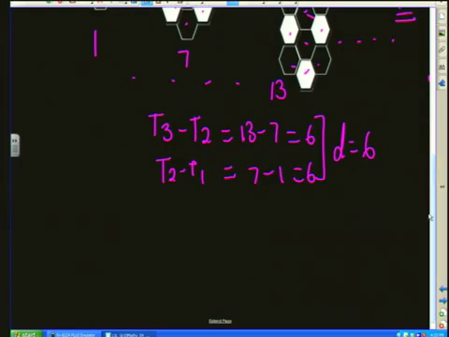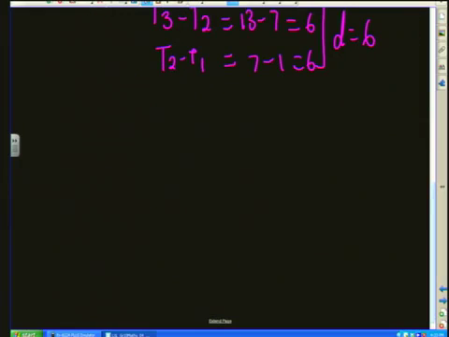Hopefully you can see the pattern developing within these number patterns. It's a pretty similar method in each and every one. We're going to use Tn equals a plus n minus 1 times d. We know that a is equal to 1 because we had just one hexagon in the first pattern.